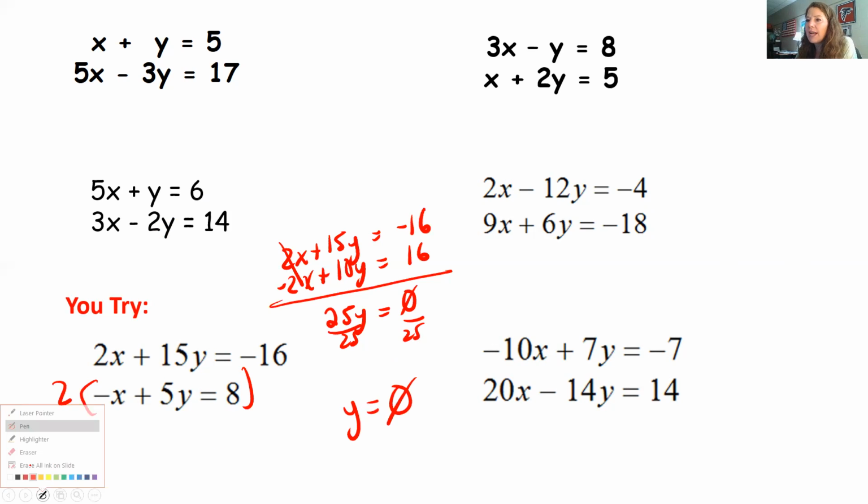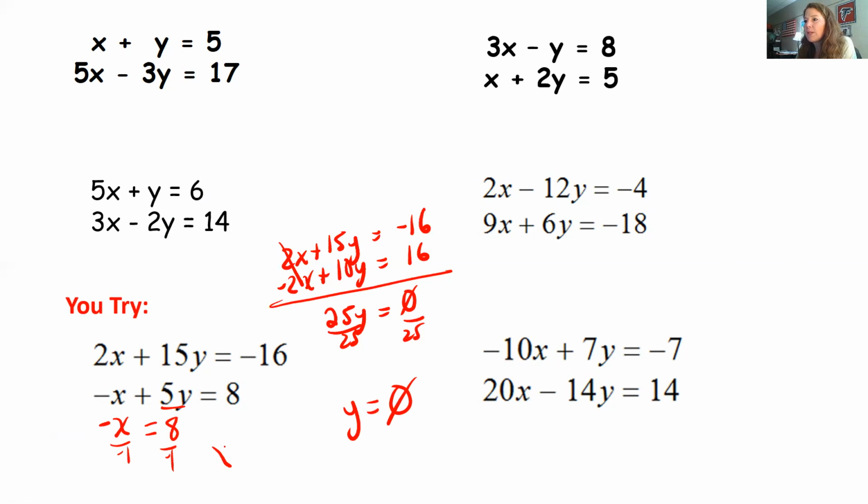And now to solve for x, I'm going to plug in 0 for y. So -x plus 5 times 0 is 0. So -x equals 8. That means that positive x would equal -8. So my answer is (-8, 0).